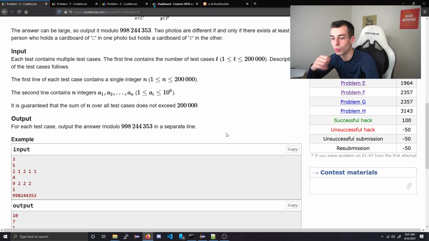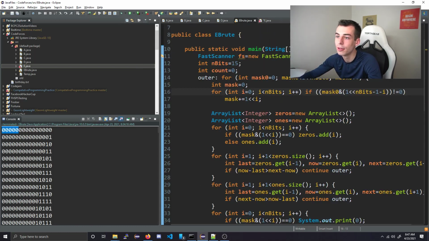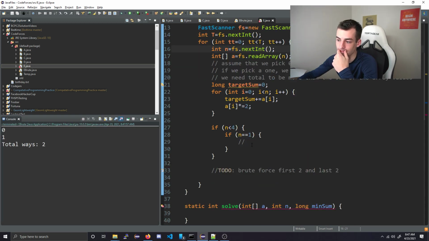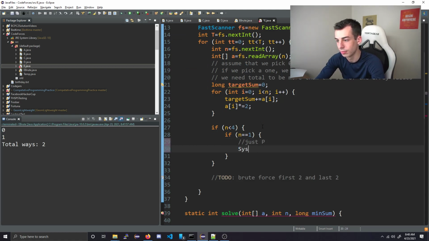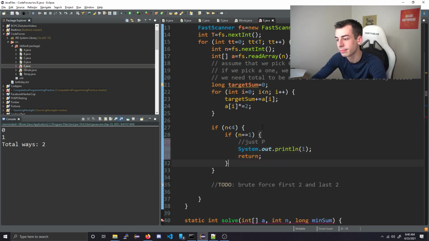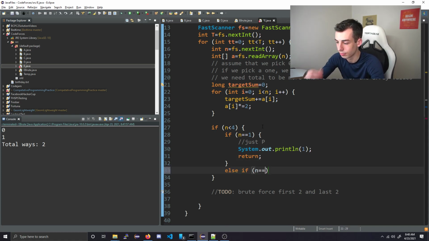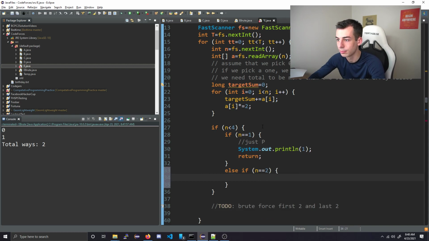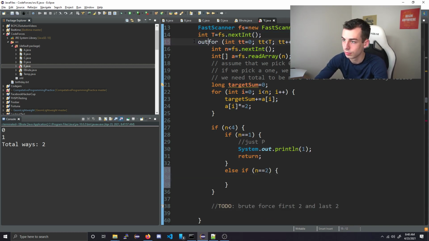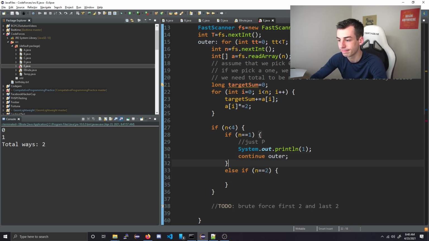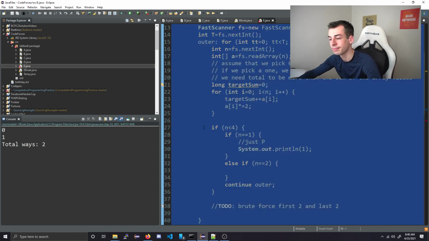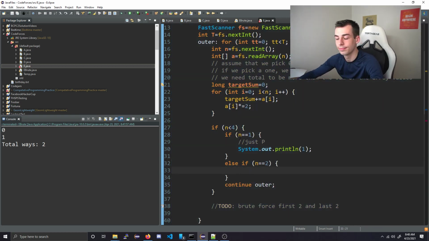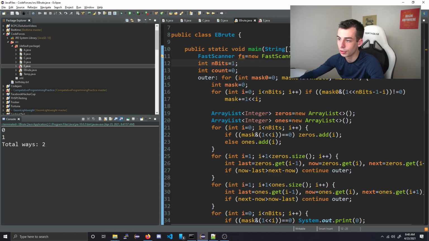n is 1, we have, I guess let's just try this. Okay, what if n equals 2?